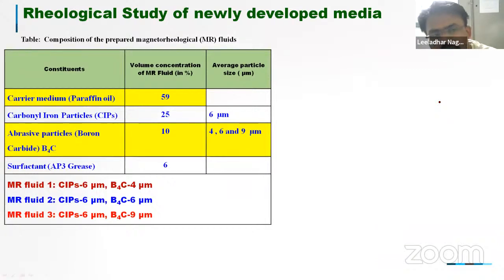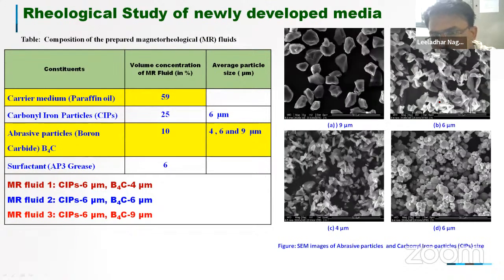As I have already told, whenever we are talking about process development, we have to go for the other connected, related things, like the MR fluid. So we have to go for the rheological test of that MR fluid. These are the abrasive particles, and these are the CIP particles.